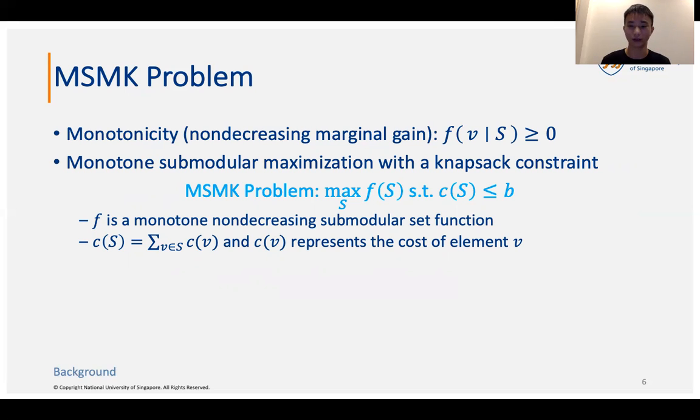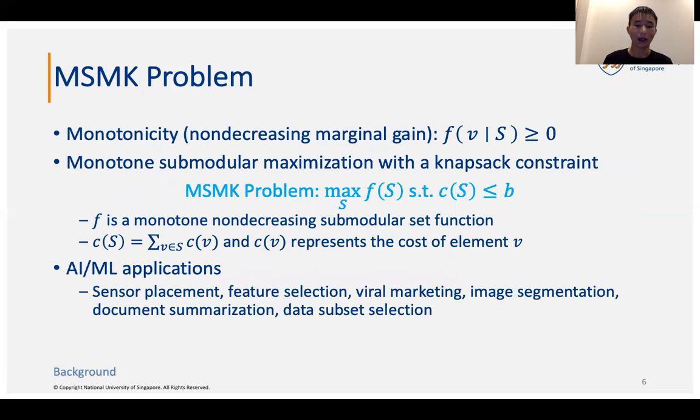The cost function is the Knapsack function. In many AI and machine learning applications, such as sensor placement, feature selection, viral marketing, and so on, the problems are shown to be submodular maximization, or actually MSMK.